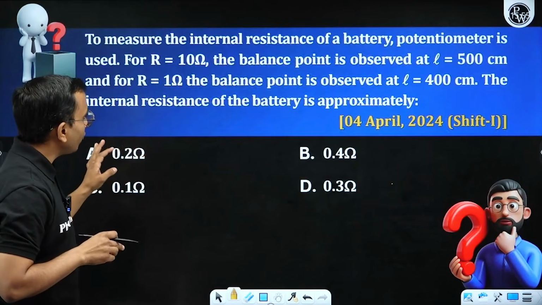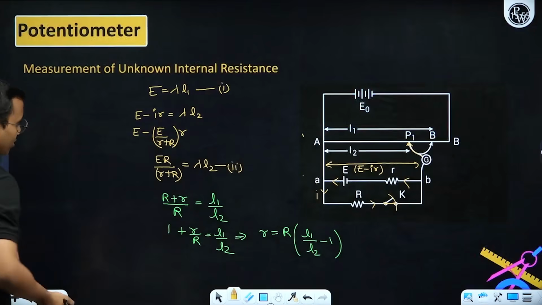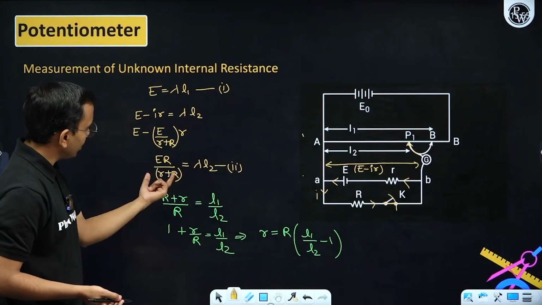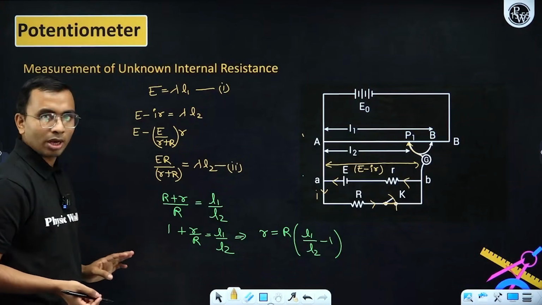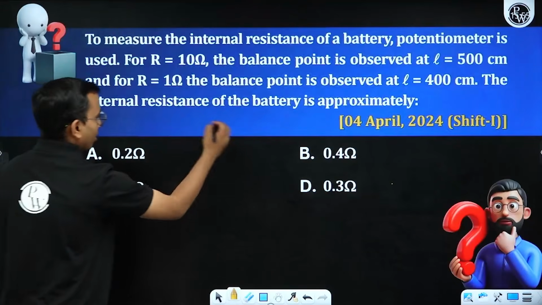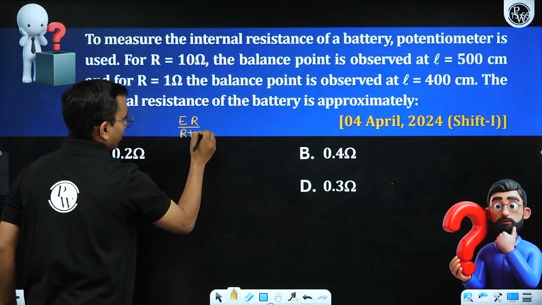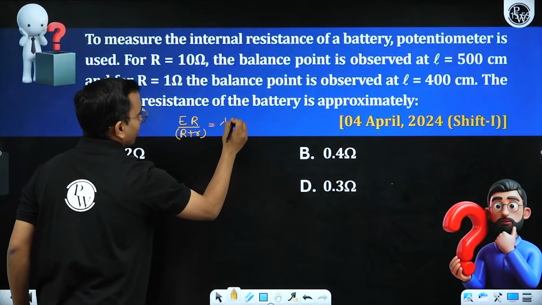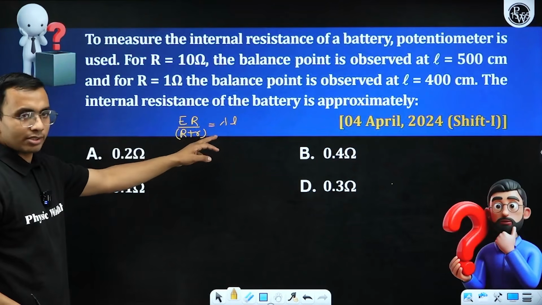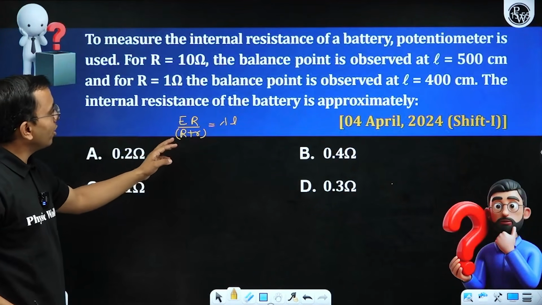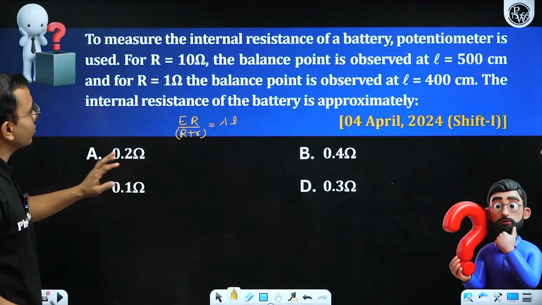Now what was the equation? This equation, E into R by R plus r is equal to lambda into L. Here R is changing in two cases, L is given in those two cases. Okay, then you can write the equation and solve. Let us see.